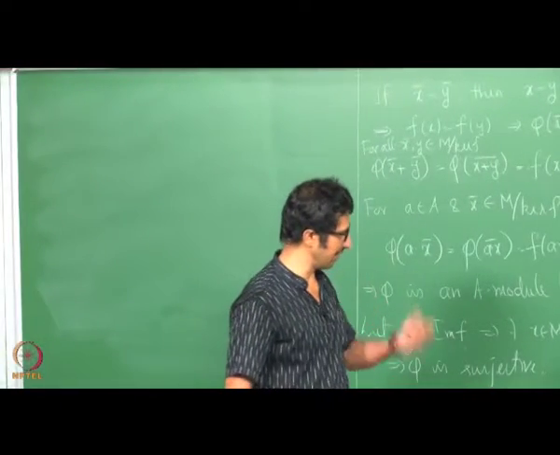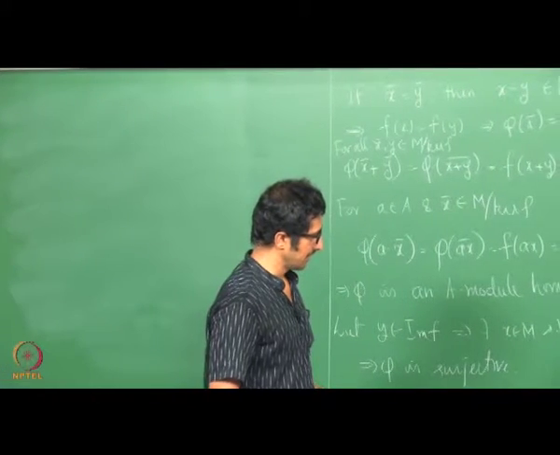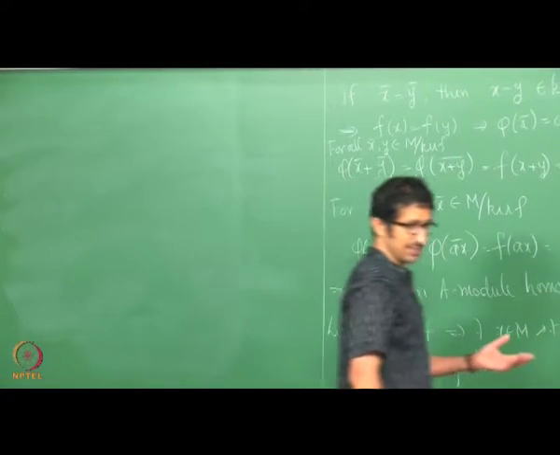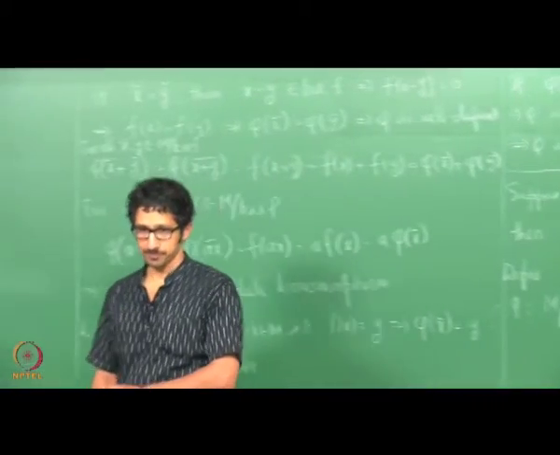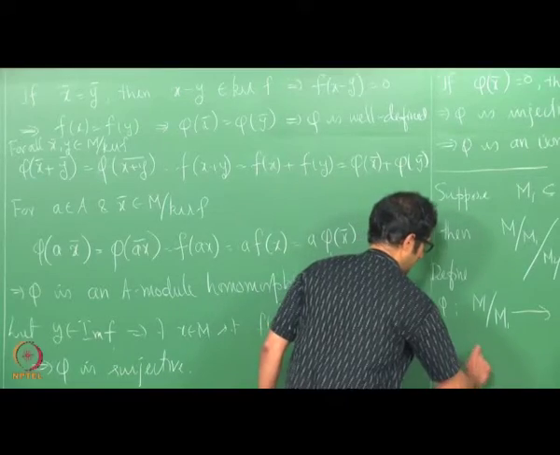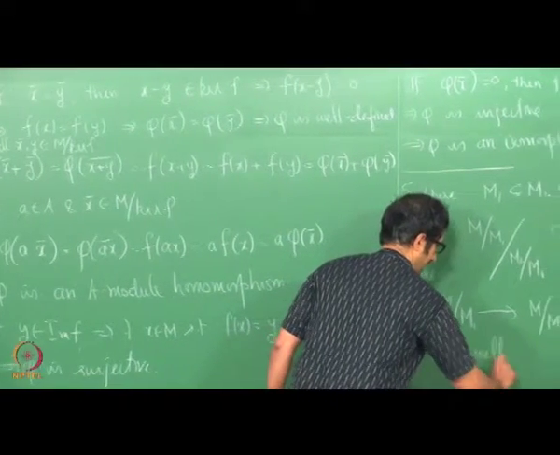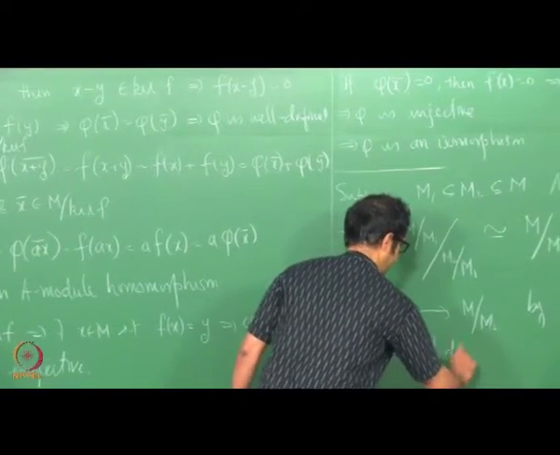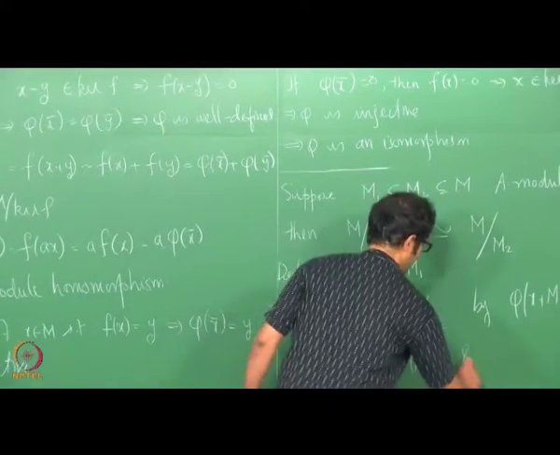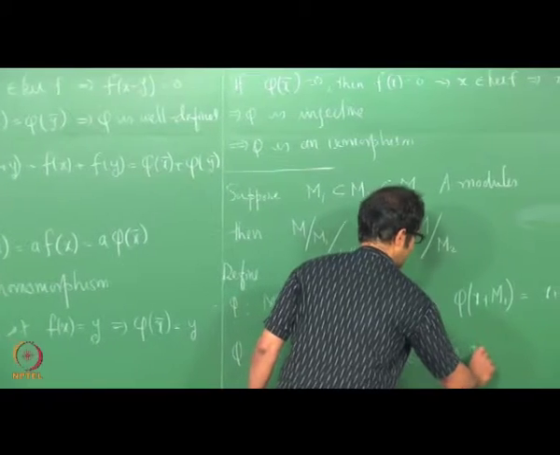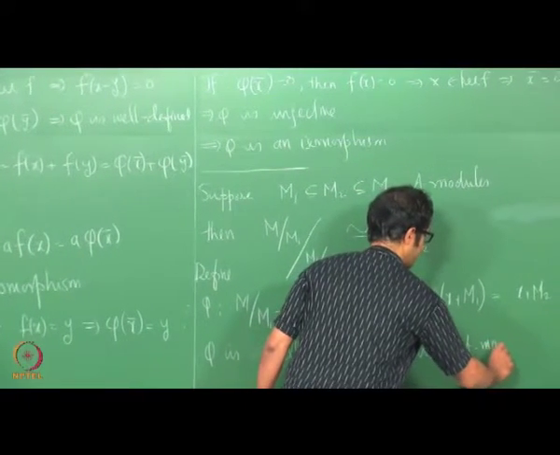So, this is a well defined map, and one can check that this is a homomorphism. Okay. So, phi is well defined, and phi is an A module homomorphism.